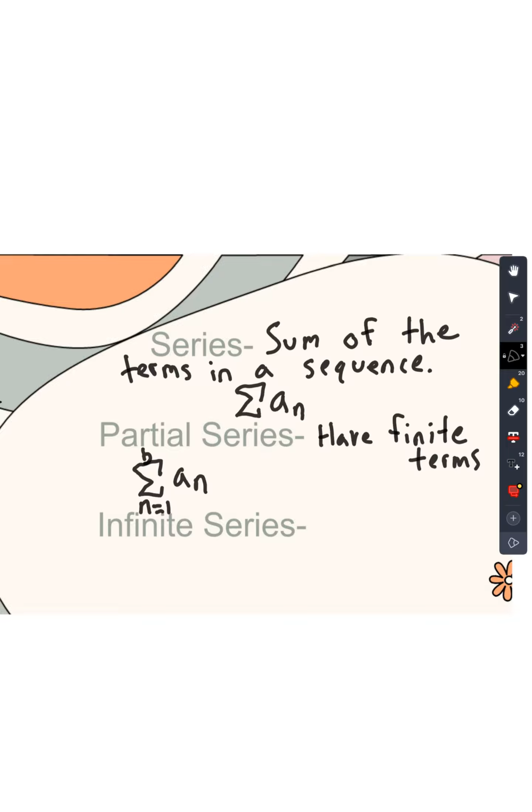Versus an infinite series, it's kind of self-explanatory, but has infinite terms.